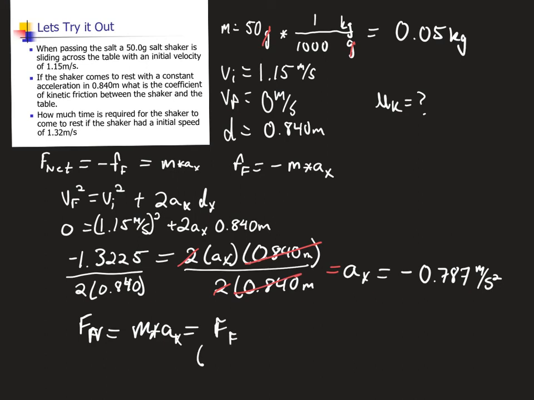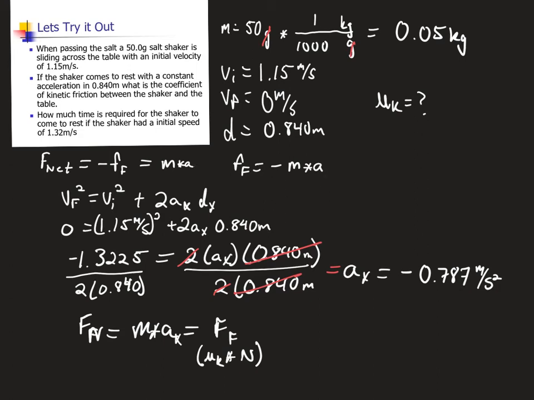which again is the mu sub k times the normal force, which again, the normal force also being weight. So I think I miswrote the x up in here.